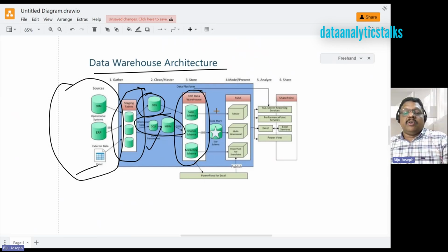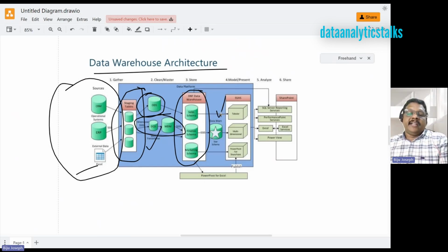I think there is a new concept that we know. If you don't know, we will explain what a data mart is very soon. So a data mart is focusing on certain areas, certain departments, certain businesses. Only data focusing on that particular business will be segregated and put into a data mart.